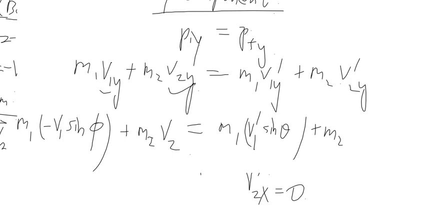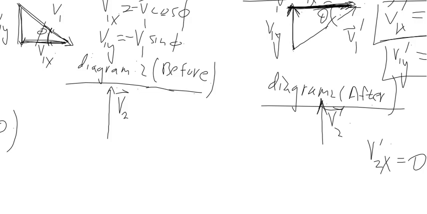The v2y prime corresponds to diagram 2, mass 2 after the head-on collision with the other vehicle. Afterwards it is also going vertically upwards, so we replace it with v2.